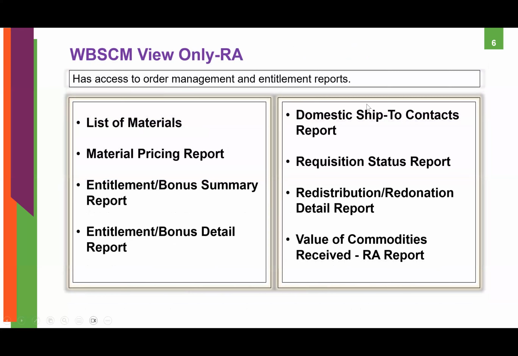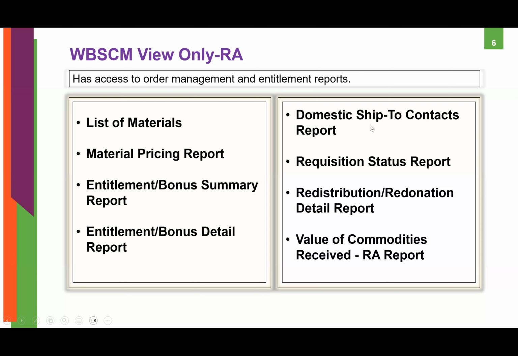Okay, so there are some users in WebSCM that have view rights only. And so they'll be able to see reports. So they'll be able to see like the list of materials. They'll be able to see like your pricing reports. They'll also be able to see some of the entitlement and bonus summary reports and the entitlement and bonus detail reports.